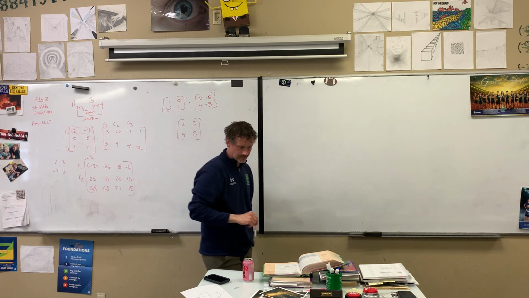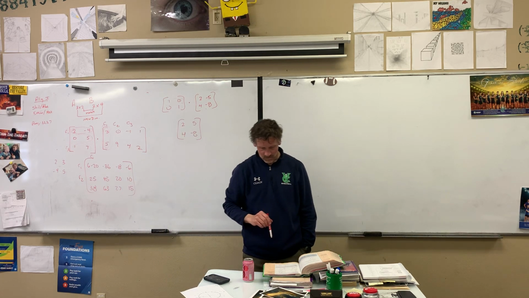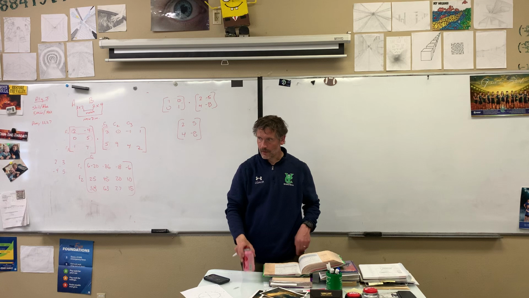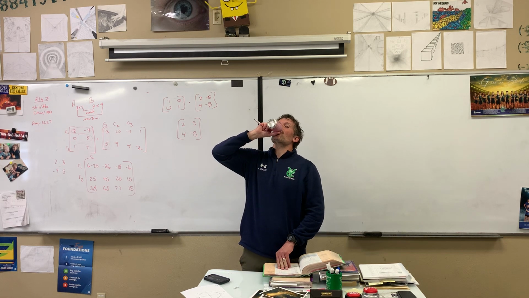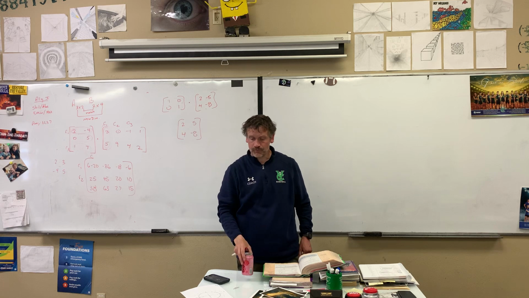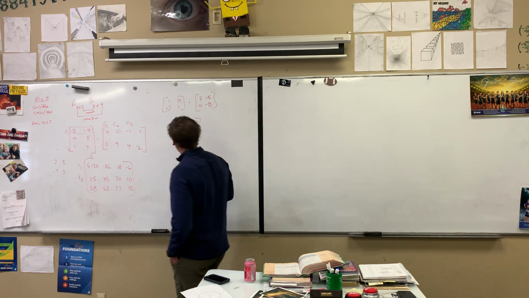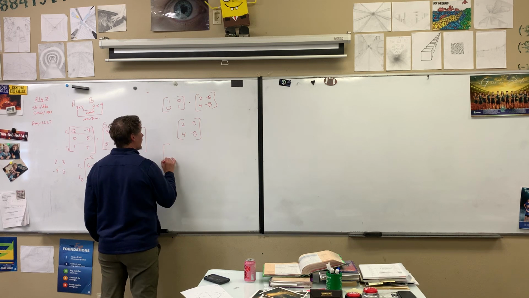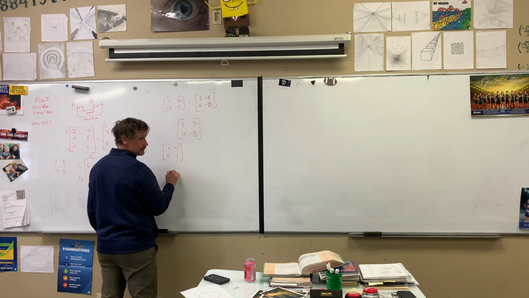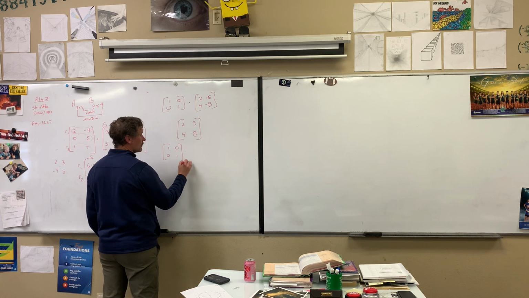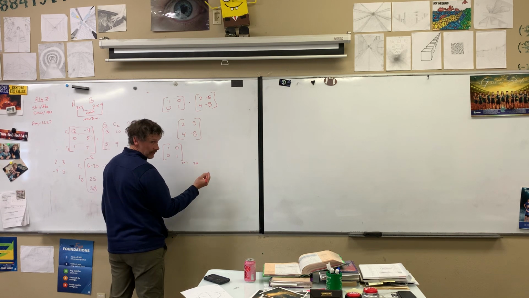Yeah, Grayson. Does the thing being multiplied to the identity have to also be square for this to work? Yeah, so what you're wondering is, if you had a 2 by 2 that has to be multiplied, a 2 by 2 has to be multiplied to a 2 by something.